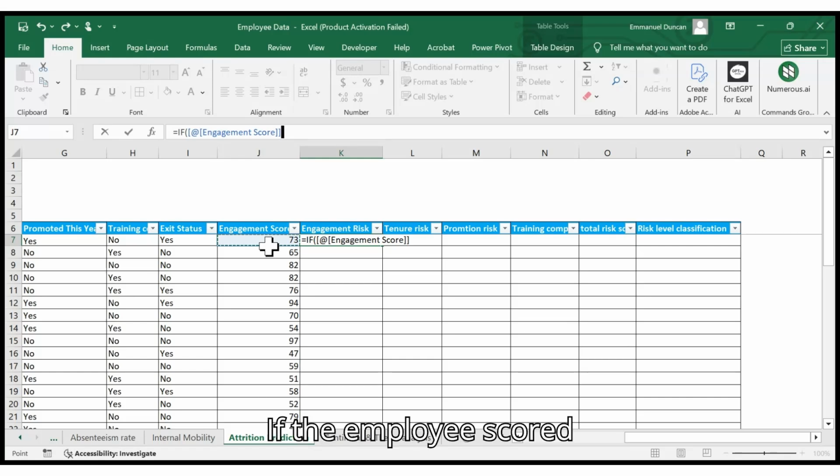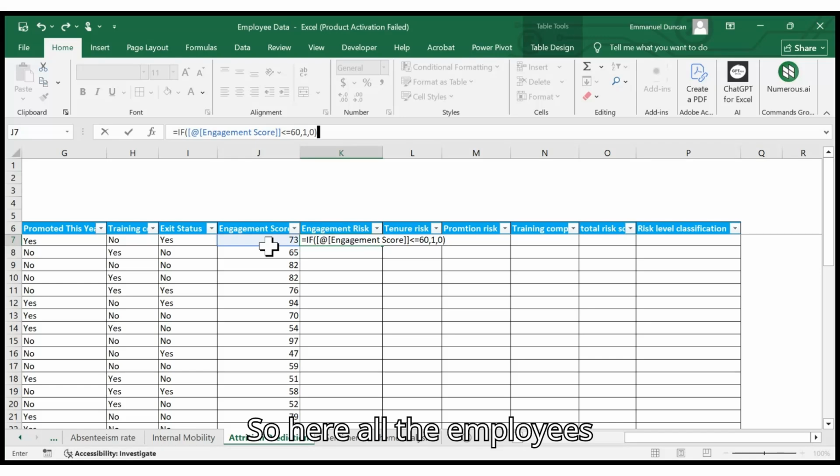If the employee scored less than or equal to 60, we represent such an employee with 1. If not, 0.